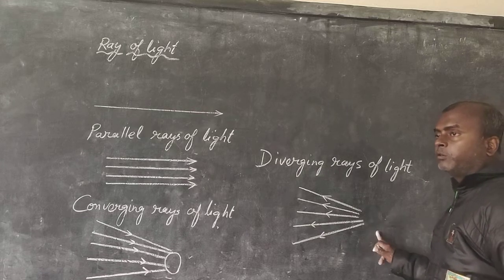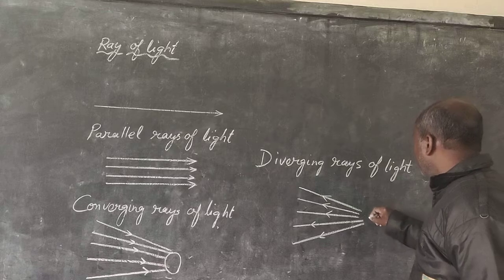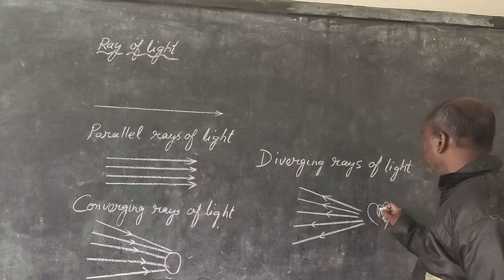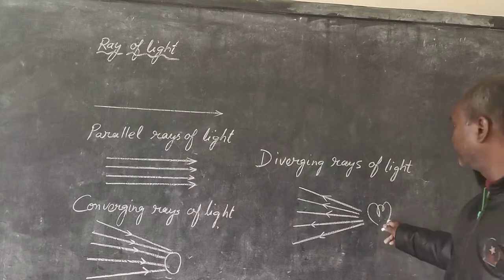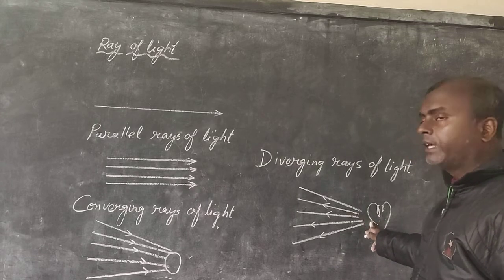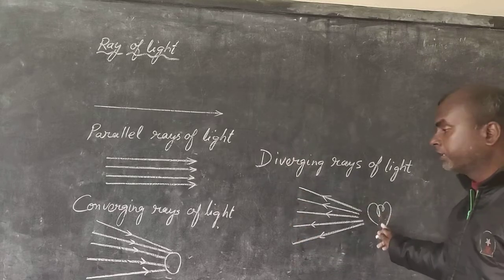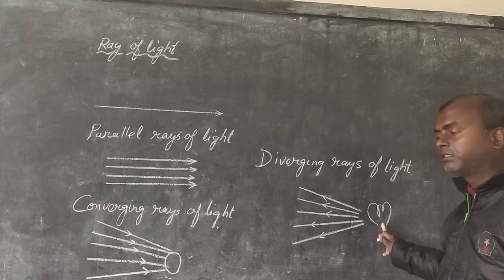So you can give an example over here. A light bulb. This is how we denote a light bulb in physics, while we draw. So from a light bulb, when light is on, light goes in different directions from one point. That is the point from where the bulb is.